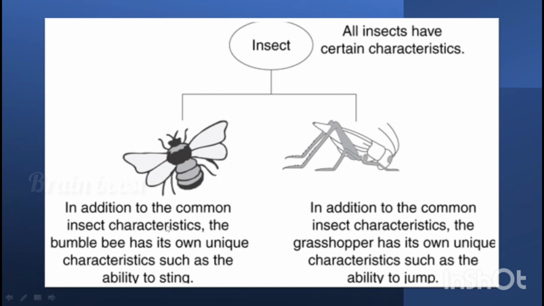For example, the bee has the ability to sting. The grasshopper has the ability to jump. So both have insect characteristics, coming under the insect family, and also their special characteristics. So this is inheritance.